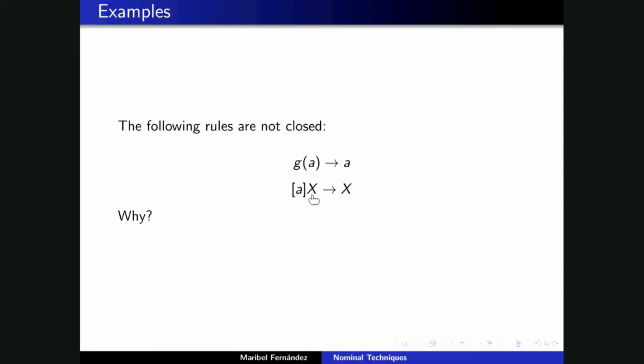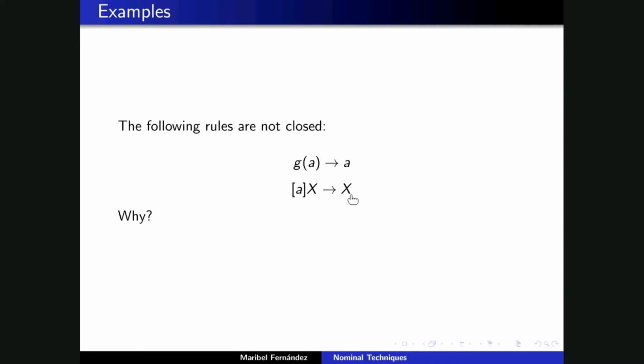I can rewrite it to just a. So an atom that was bound here, I was working with an alpha equivalence class of terms of the form abstract a in a, now becomes just a. And therefore this is not right. It's not a closed rule.